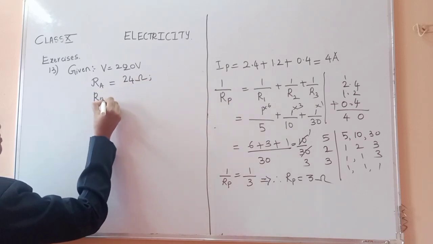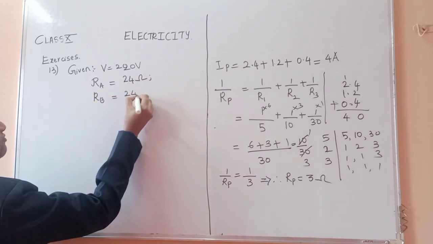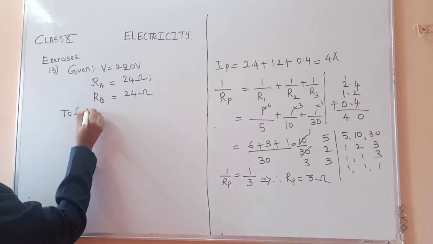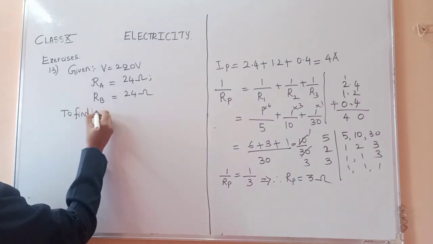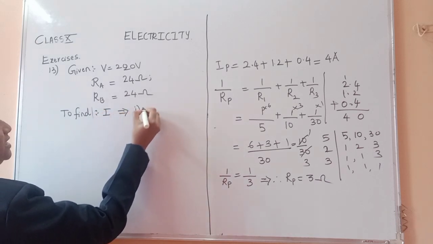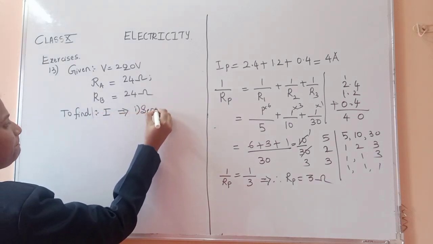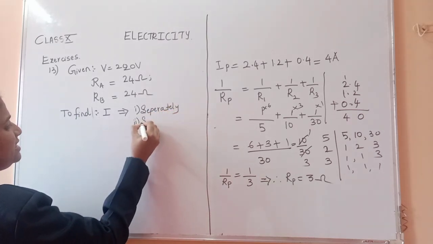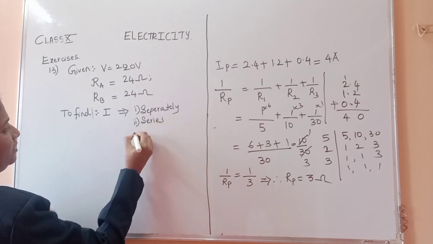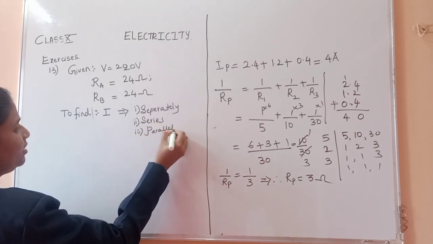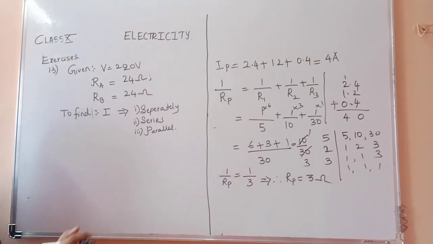Similarly, resistance of B coil is equal to 24 ohm. To find I. So I in case of separately, then in series, then in parallel. Okay, so separately we will find first.